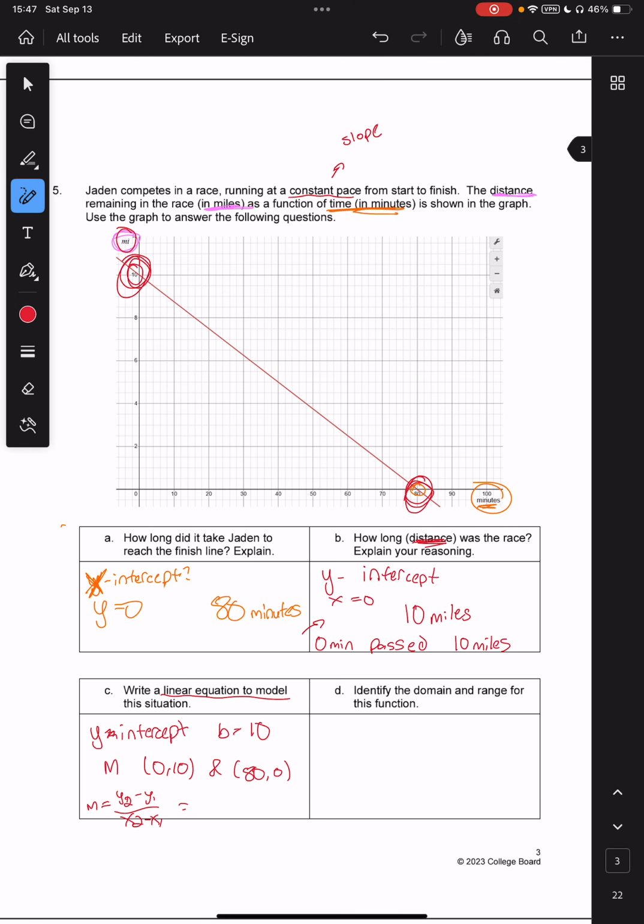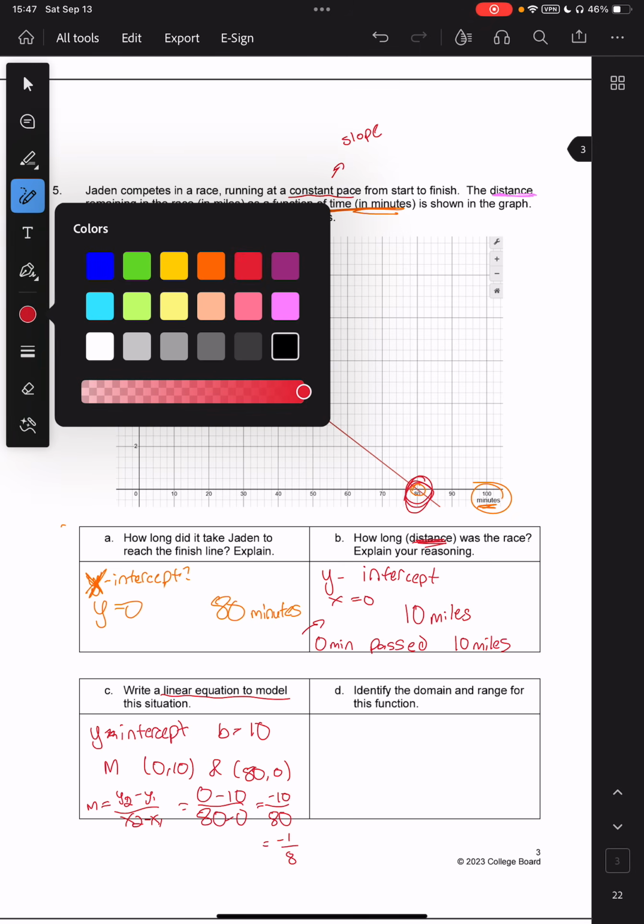So our y2 is 0 and our y1 is 10. Our x2 is 80 and our x1 is 0. So then we get negative 10 over 80, or negative 1 over 8.